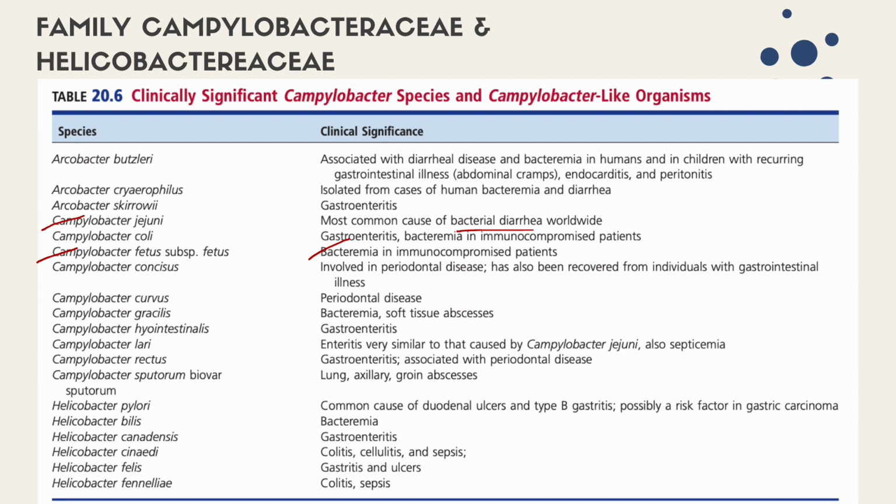So mostly jejuni and fetus yung pinaka-common, but of course, it is very important for us to know the other specific organisms. For Helicobacter pylori, this is the common cause of duodenal ulcer and type B gastritis in patients. This is a possible risk factor in gastric carcinoma as well.